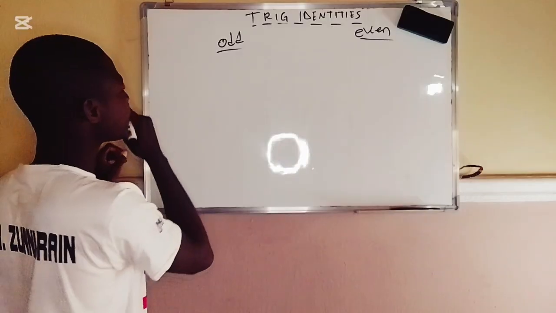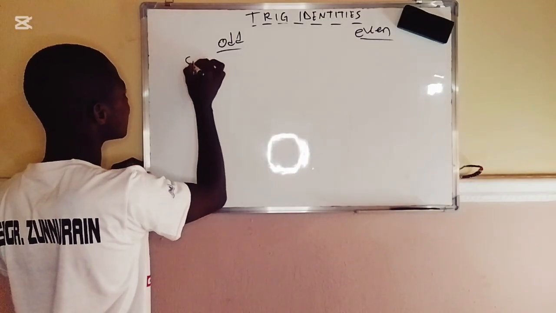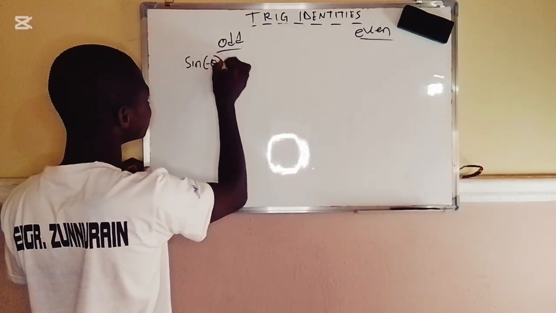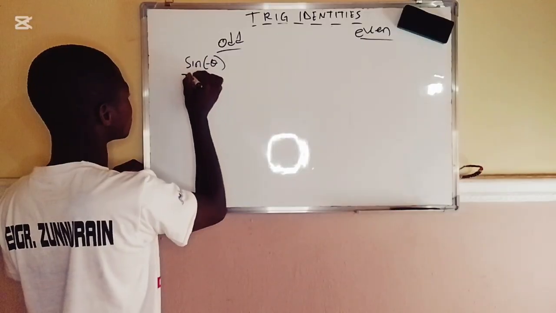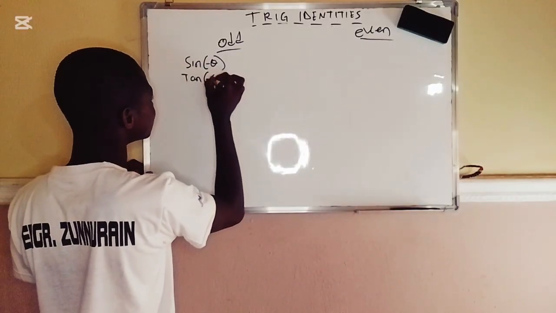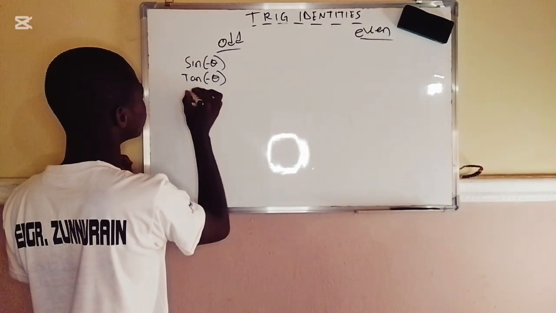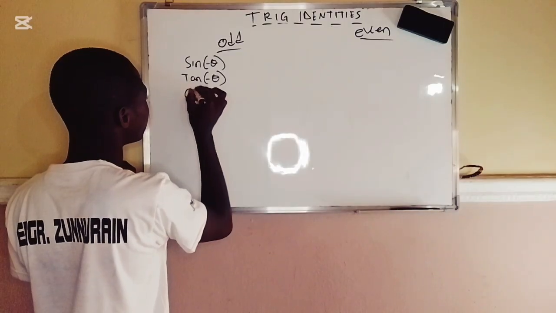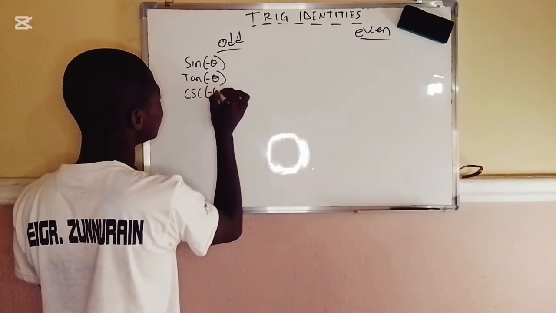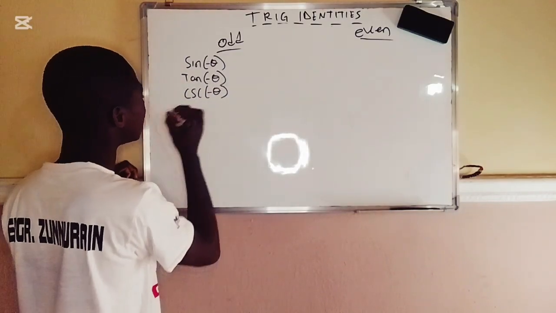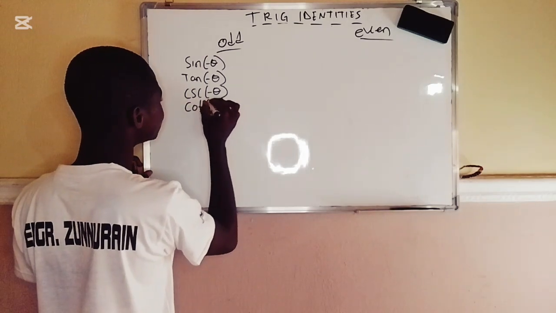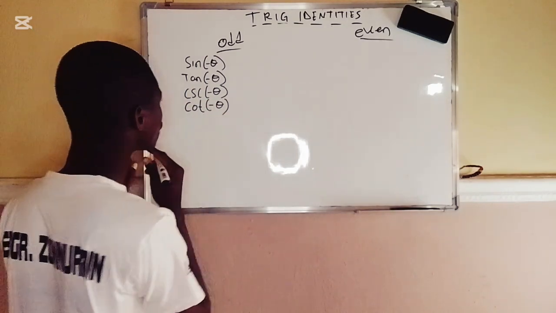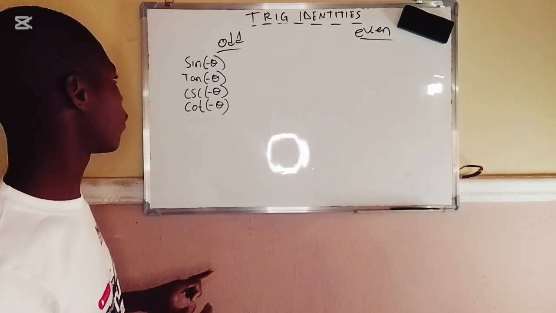If I say sine of negative theta, and tan of negative theta, and cosecant of negative theta, and cotangent of negative theta, as you can see, these four are odd.